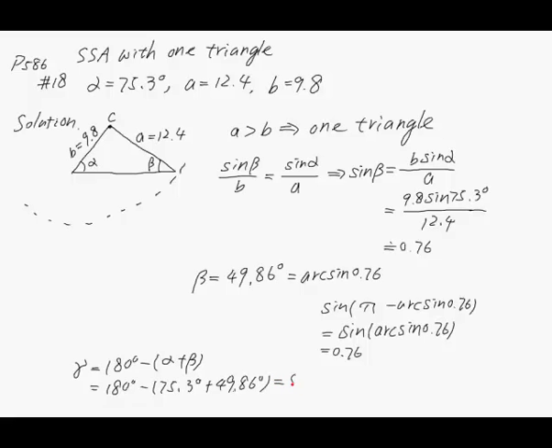Gamma is equal to 54.84 degrees. And then you can find the length c. Okay, let's go to the next page.